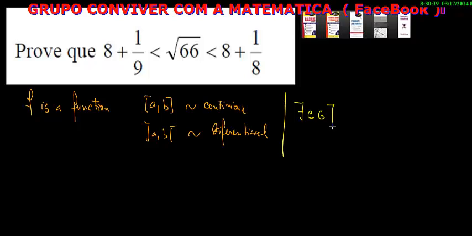So, in these conditions, I can say that there is a C, which belongs to the open interval a, b, for which the derivative of f, f prime of c, equals f of b minus f of a over b minus a.